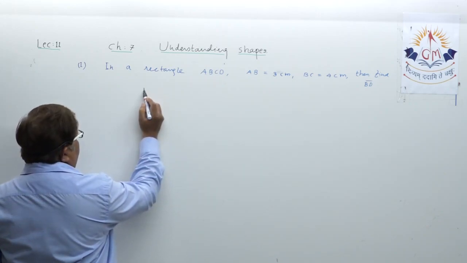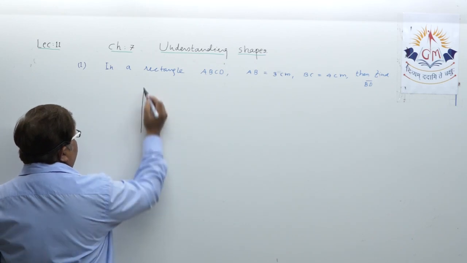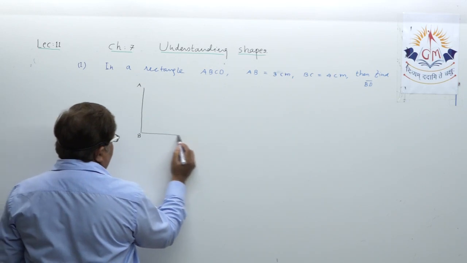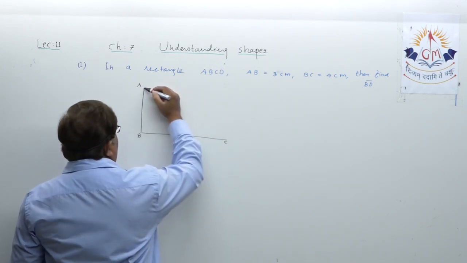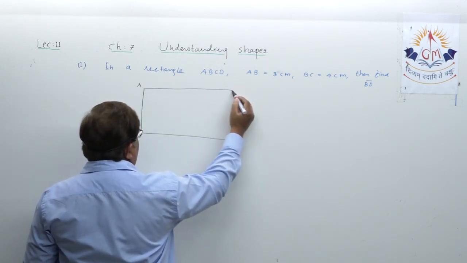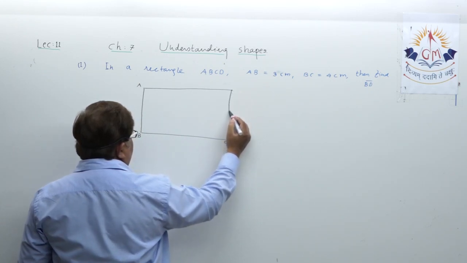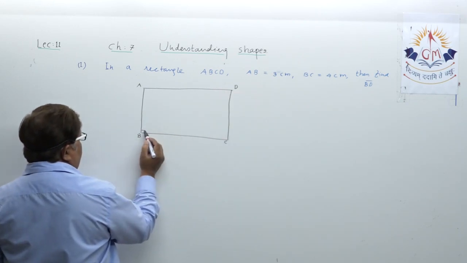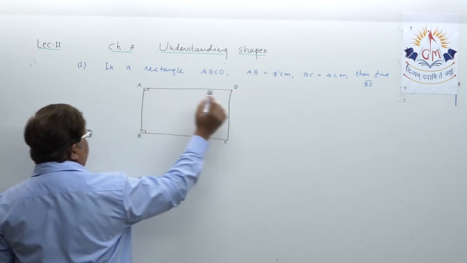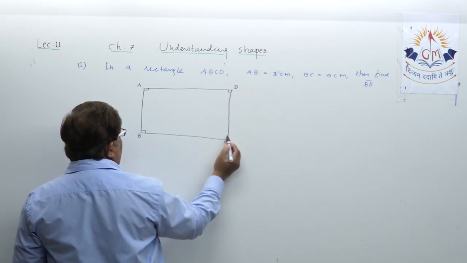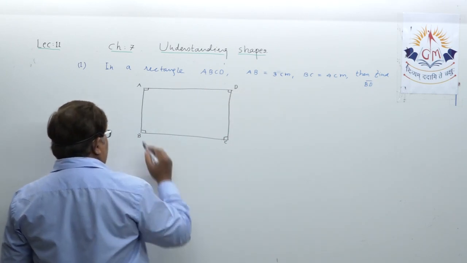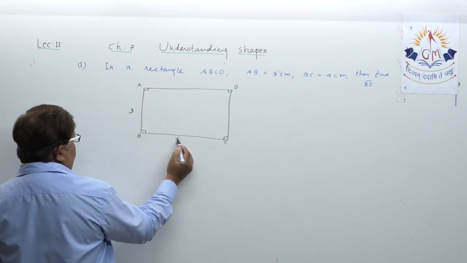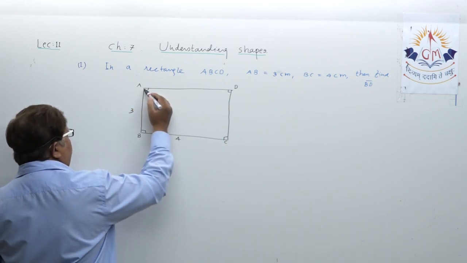Suppose, dear student, this is rectangle ABCD. Now what is said in rectangle ABCD? You all know that all angles are right angle, we know very well. Understood? AB is given 3 centimeter, BC is given 4 centimeter.